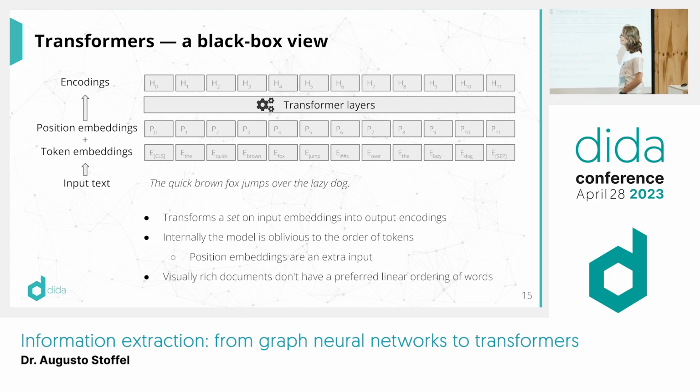And that's why we have to stick in these position encodings by hand to break the symmetry, so to speak. And this is very good for us, because our documents with layout don't have a preferred linear ordering of the words. So it's good that we have a model that intrinsically only cares about sets.